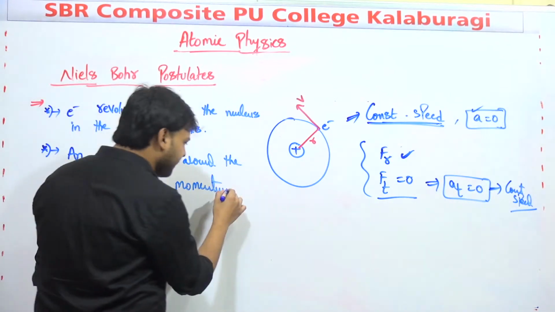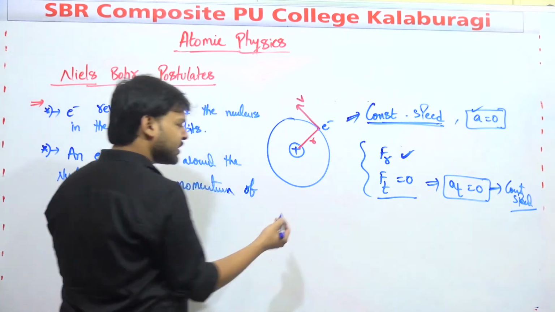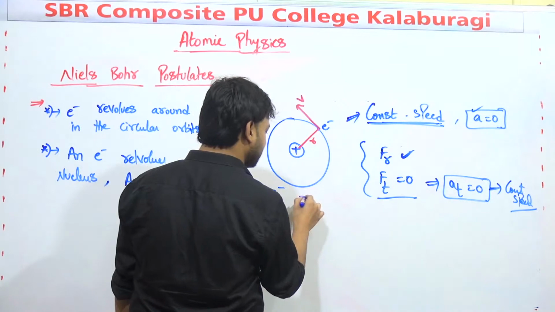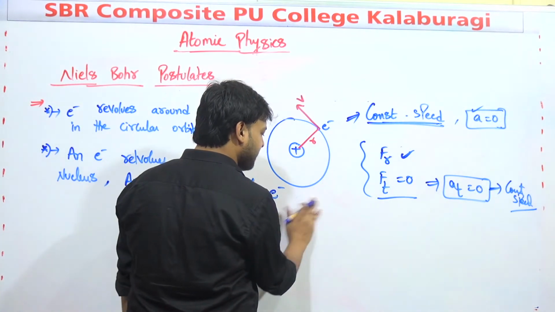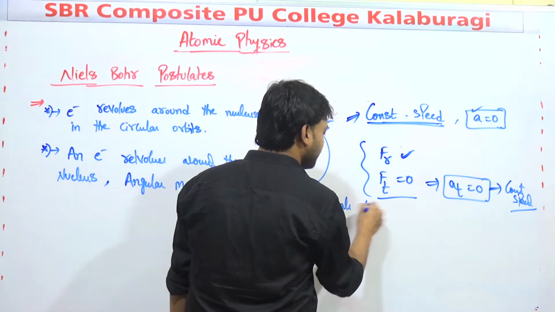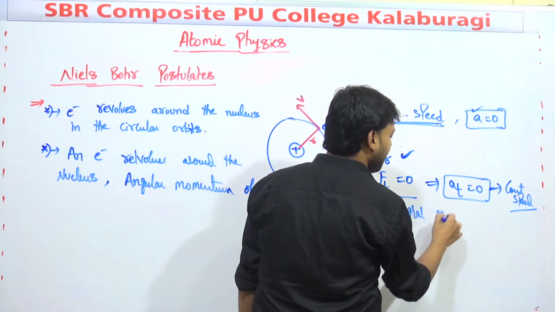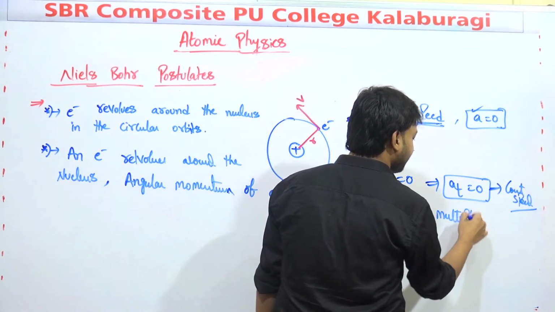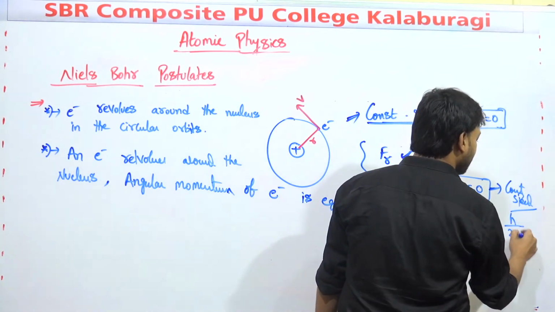Angular momentum of the electron is equal to an integral multiple of h by 2 pi.